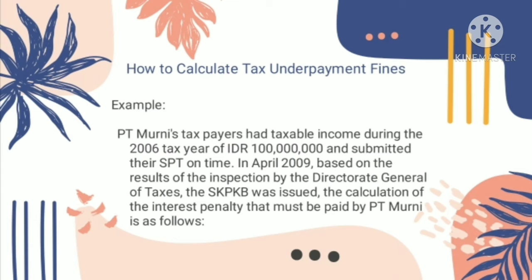Okay, next I want to show you how to calculate tax underpayment finance. For example, PT Murni's taxpayer had taxable income during the 2006 tax year of 100 million and submitted their SPT on time. In April 2009, based on the result of the inspection by the Directorate General of Tax, the SKPKB was issued. The calculation of the interest penalty that must be paid by PT Murni is as follows.